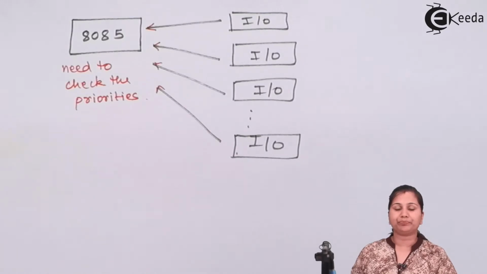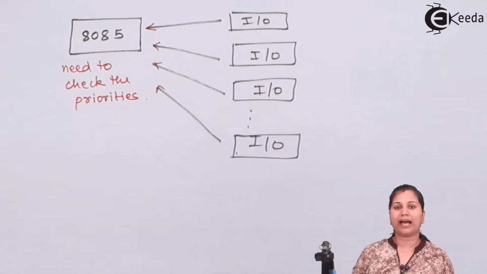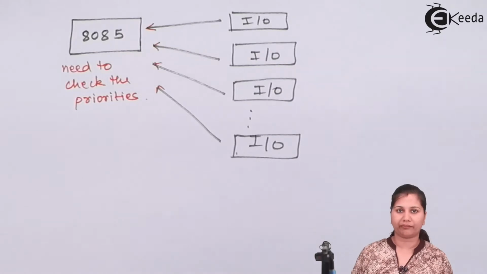So that is why the need of an external device arises, and this need is fulfilled by developing a controller, the Programmable Interrupt Controller 8259.